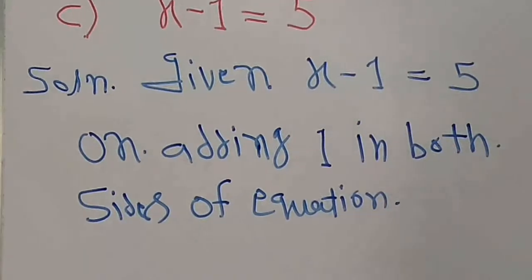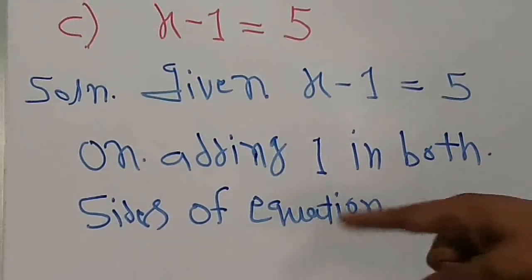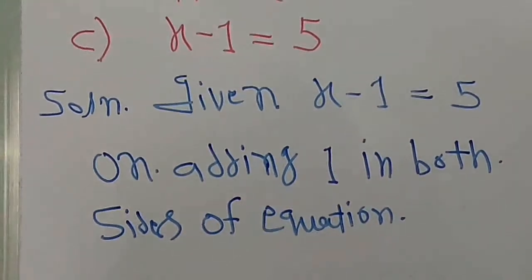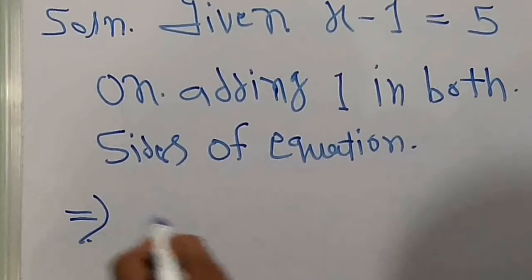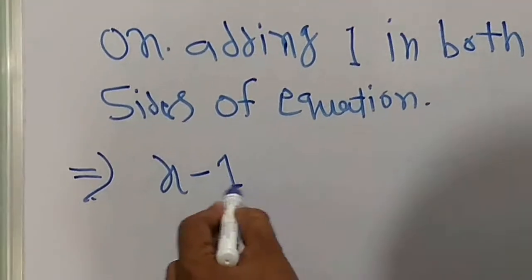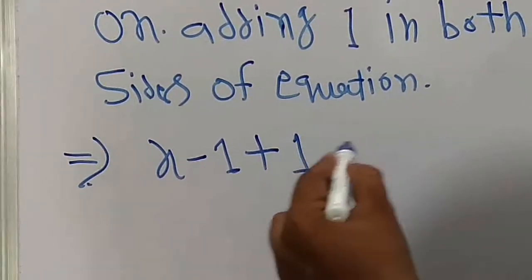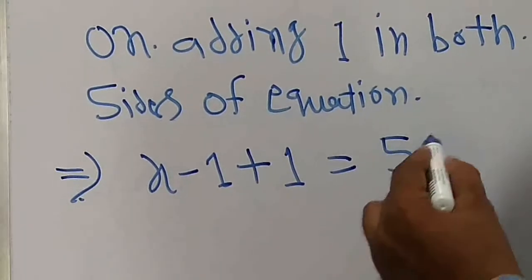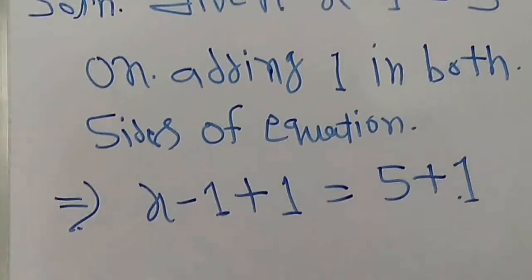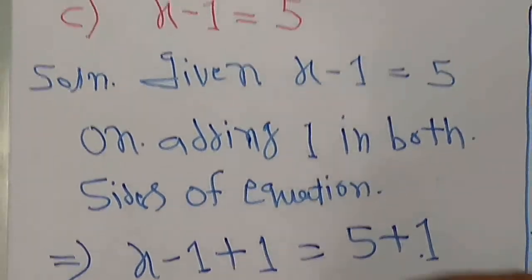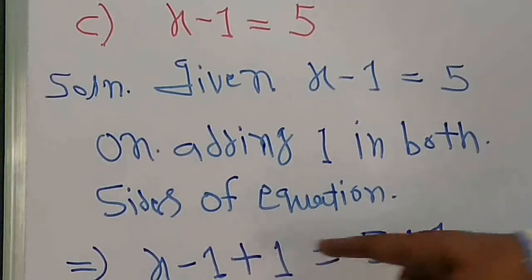After writing given, we are adding 1 in both sides of equation. So equation looks like this. It is x minus 1, and this is adding 1. Adding 1 means plus 1 is equal to 5 plus 1. Again, it is minus 1 and plus 1.